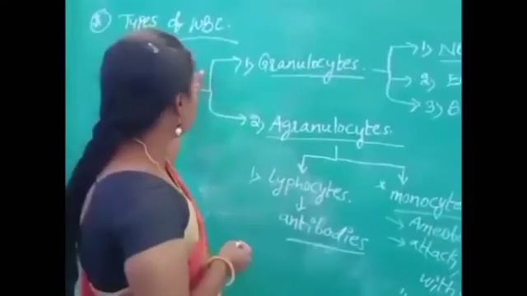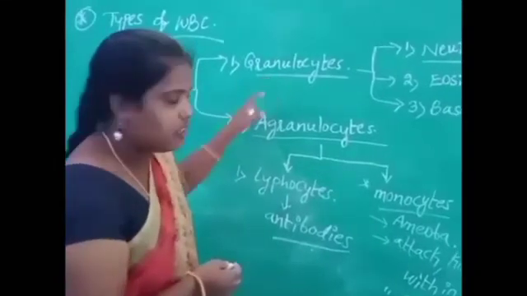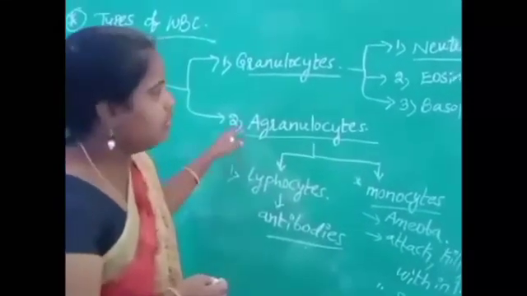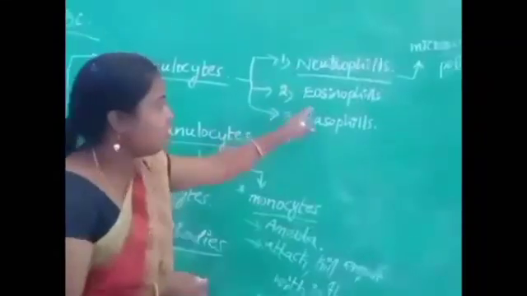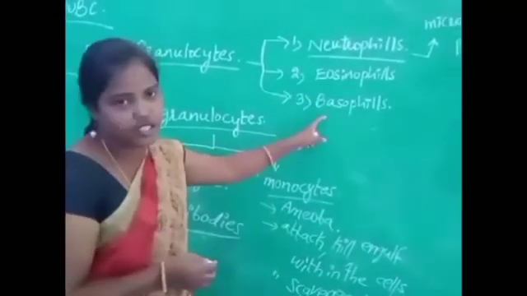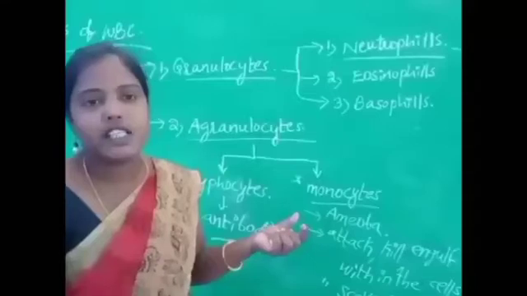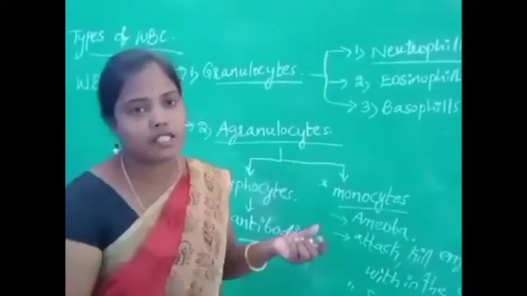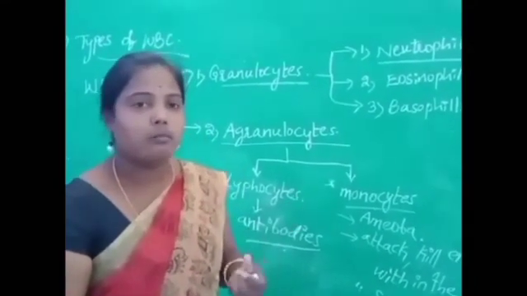These white blood cells are mainly classified into two types: first one granulocytes, second one agranulocytes. The granulocytes are again classified into three types: neutrophils, eosinophils, basophils. These granulocytes sacrifice their life against harmful microorganisms and protect our blood vessels.